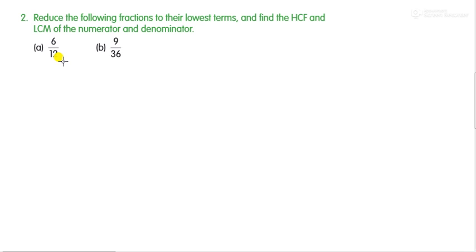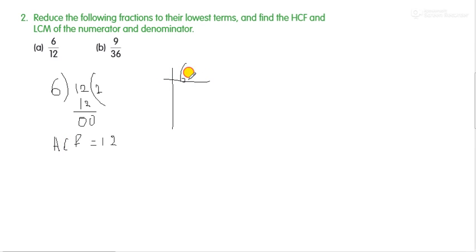So first we have to find the HCF. 6 2s are 12. So the HCF is 6. Now find out the LCM.